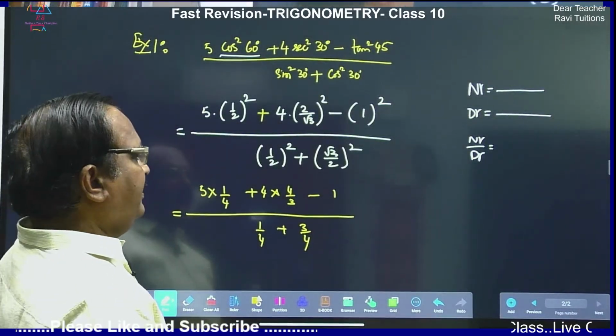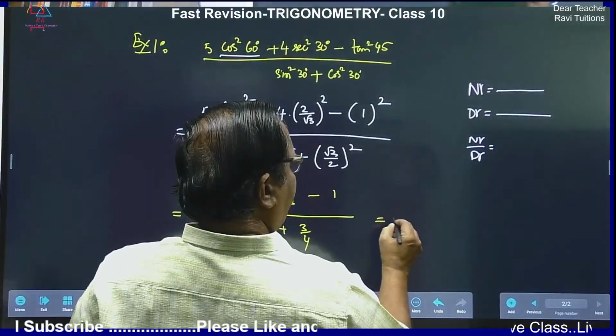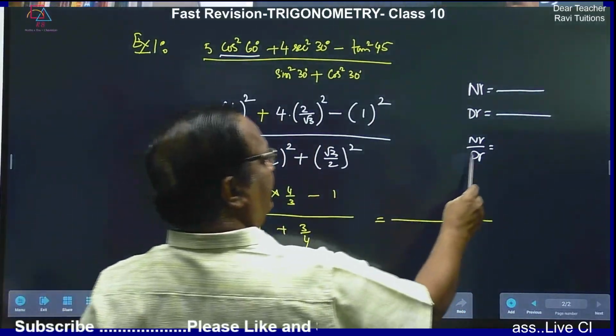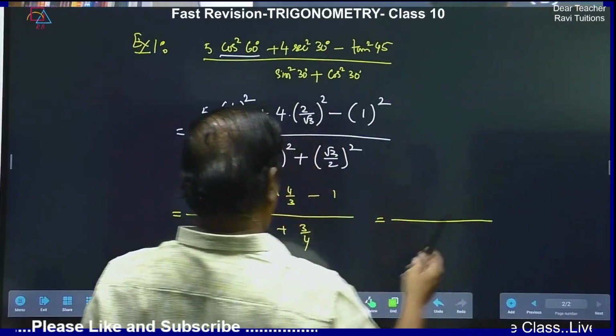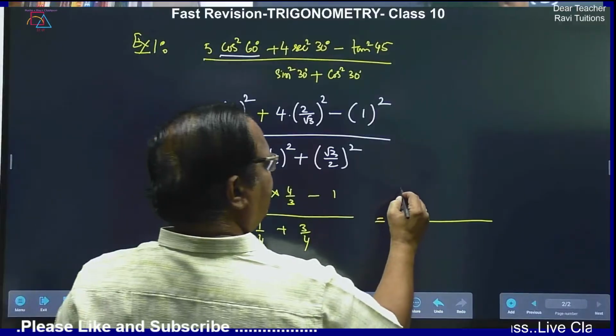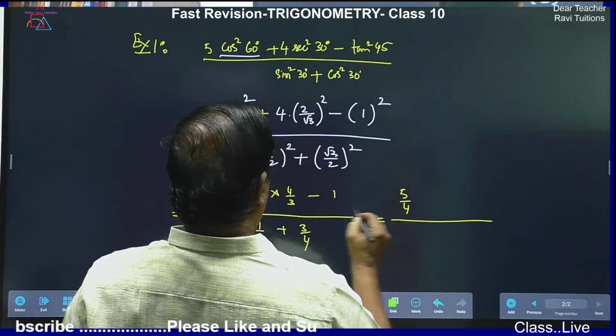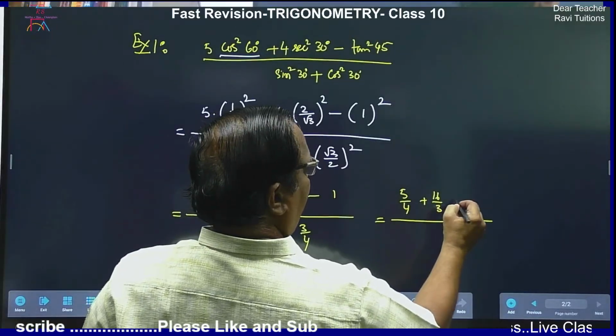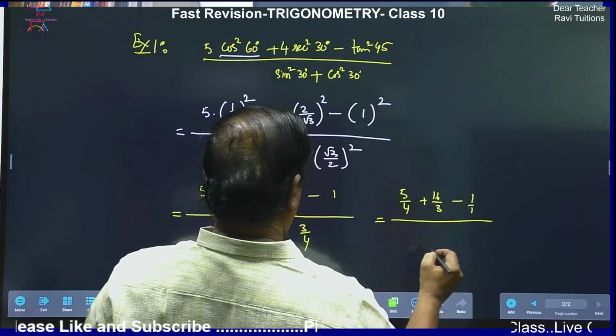Okay. So, now next again is equal to this one, right. So then how much? 5 by 4, this is 5 upon 4, 4 4s are 16 upon 3, and this is 1 upon 1 also you can have it.